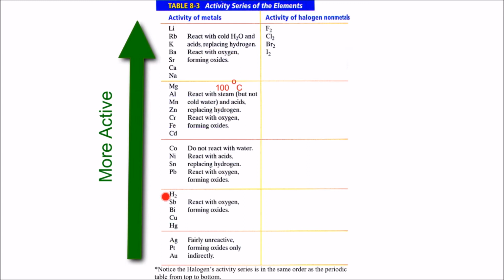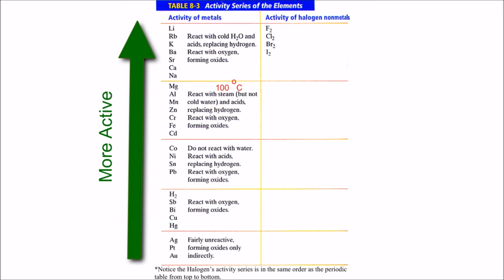Okay, so here we have a new set of elements, and they all can react with oxygen to form oxides. Then we have some pretty unreactive elements here, and sometimes they will form oxides. And then over here we have our halogens, and notice they are actually in the same order here as they are on the periodic table for their activity.